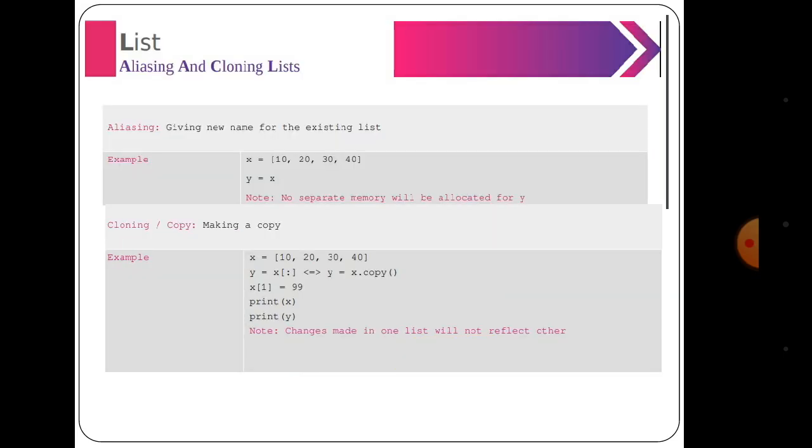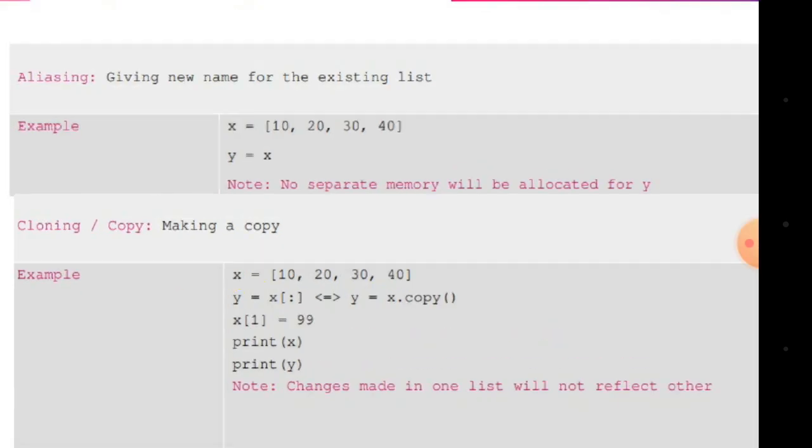Then aliasing and cloning. What is meant by aliasing? Giving another name to that list. Cloning is an exact copy of that list. So how can we make it? Suppose we associate these elements in list x. Here we are creating one list, x equal to 10 20 30 40.